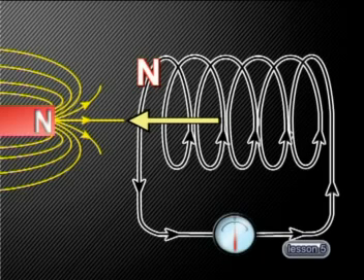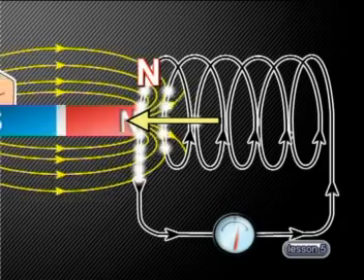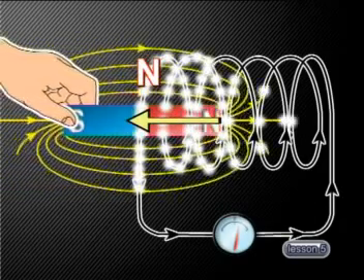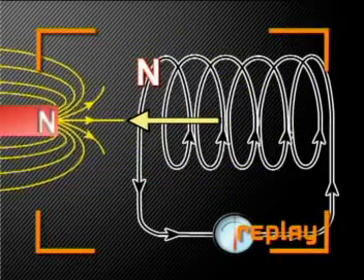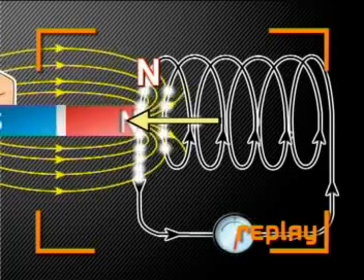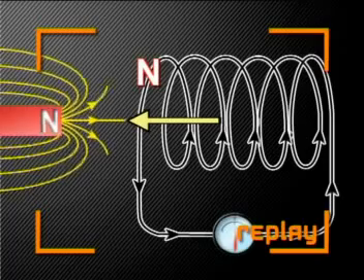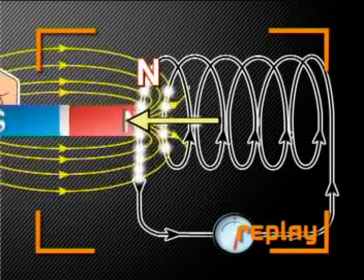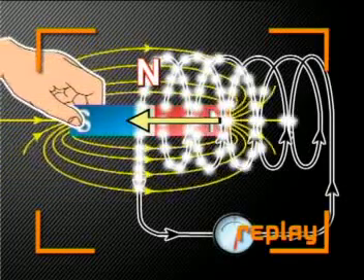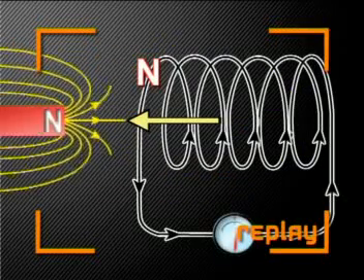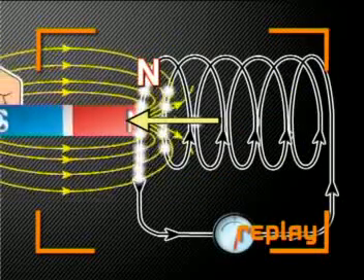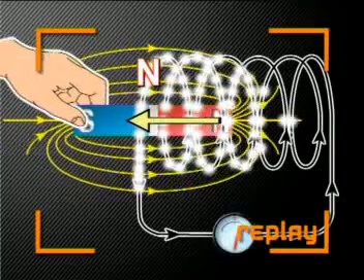In other words, as the north pole of the magnet moves towards the coil, it induces a magnetic field in the coil. This induced magnetic field works to reduce or oppose the inducing action of the magnet by exerting a force on the magnet that is opposite to the direction of the magnet's motion.